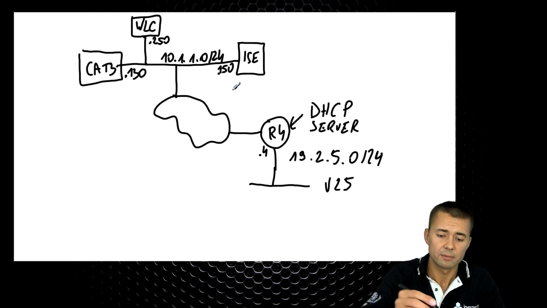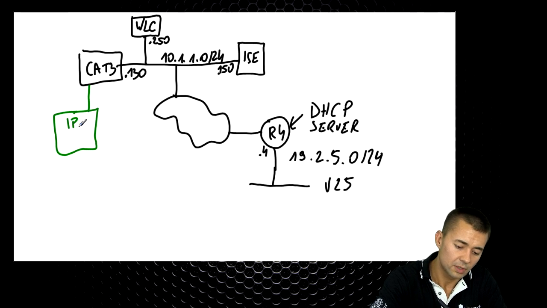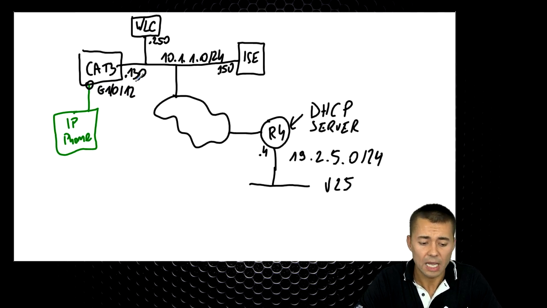On Catalyst 3, we will have a single IP phone connecting to this device, and this is going to be Gig 1/0/12 on this switch. What I will be trying to do here is configure this interface for MAC Authentication Bypass.